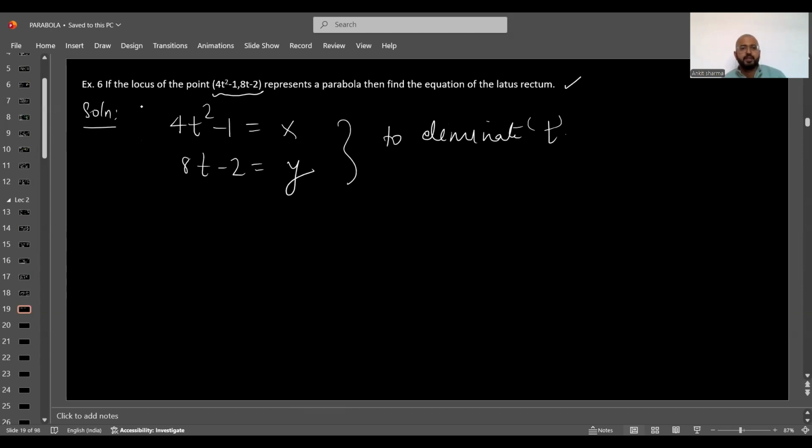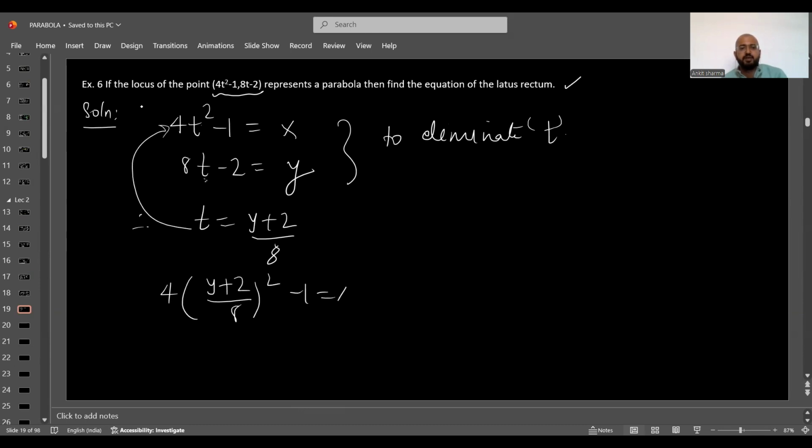One may do anything to eliminate t, and the easiest way is to find t from here and plug it in. So t will turn out to be (y plus 2) over 8. Plugging this here, I have 4 times ((y plus 2) over 8) square minus 1 equal to x.